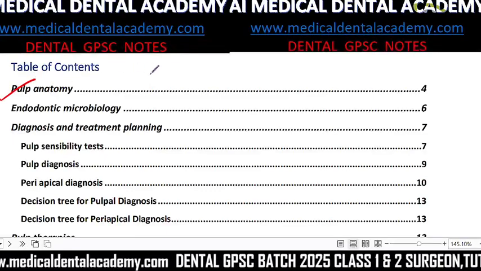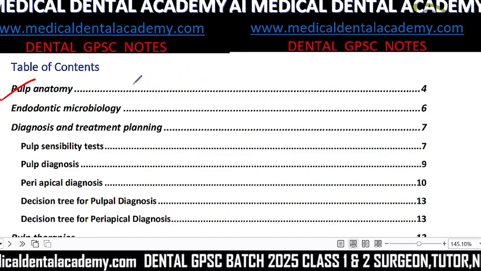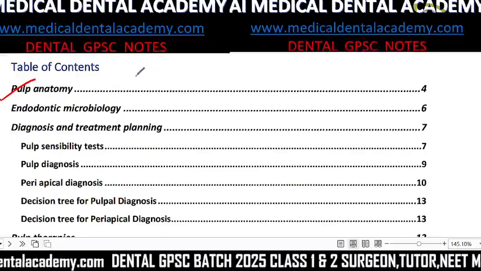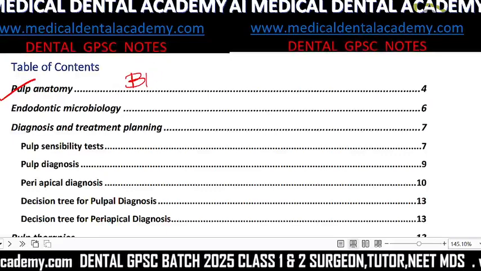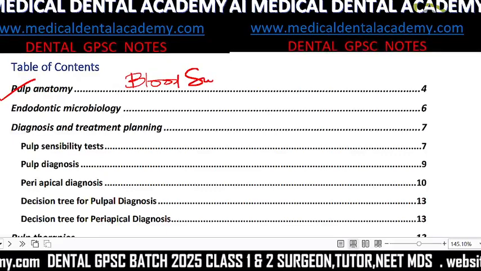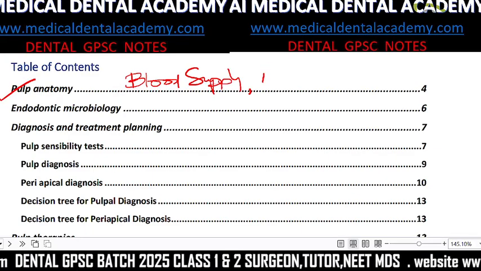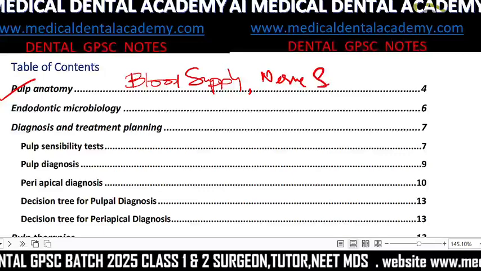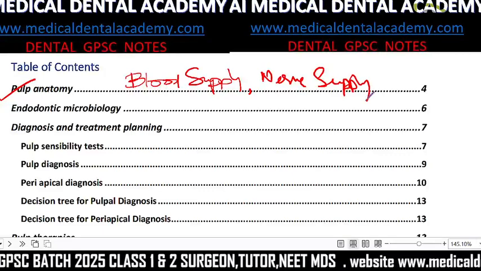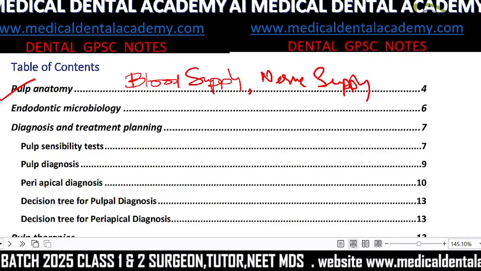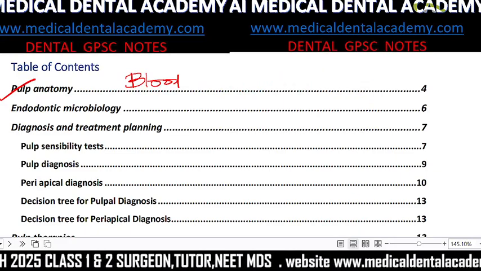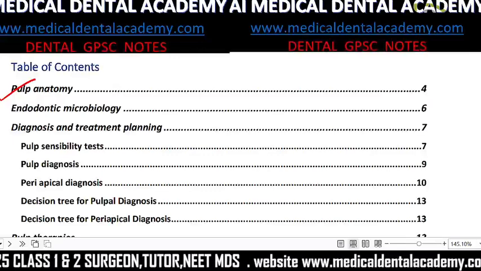We will be discussing pulp anatomy first because most of the questions will be asked regarding its blood supply, nerve supply, its development of the pulp, connective tissue contents, etc.